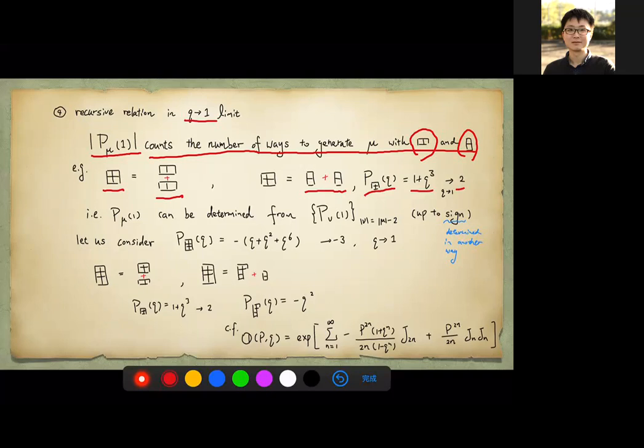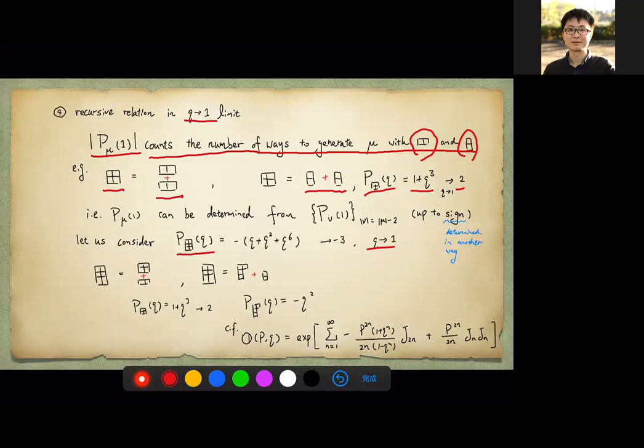And if we consider the q goes to 1 limit, then we can easily calculate higher order polynomials from lower ones.